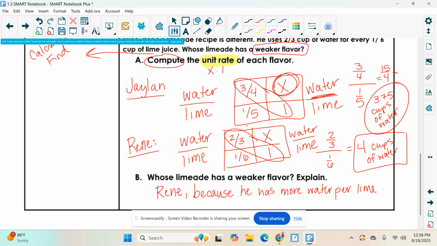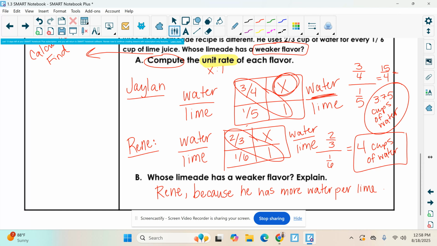If all of y'all do your homework tonight, if everybody has 100 on completion with all their, what's that called? Work shown, then we'll do this as a little experiment to see if it's actually true or not. And we'll test out some limeade. Okay?